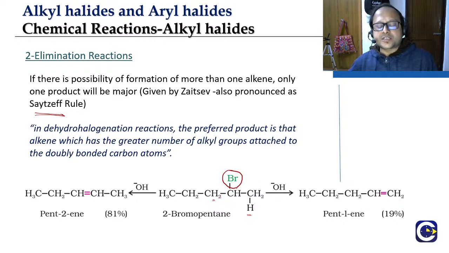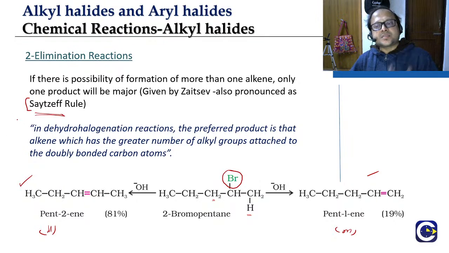So either the double bond is towards the terminal carbon, in this particular case towards the right, or interior to it. Since more than one beta hydrogens are present, more than one product can be formed, either this one or this one. But you see that this is minor and this is major, and generally we are concerned about the major product only, and this pattern is seen throughout. That's why we talk about this rule, right?